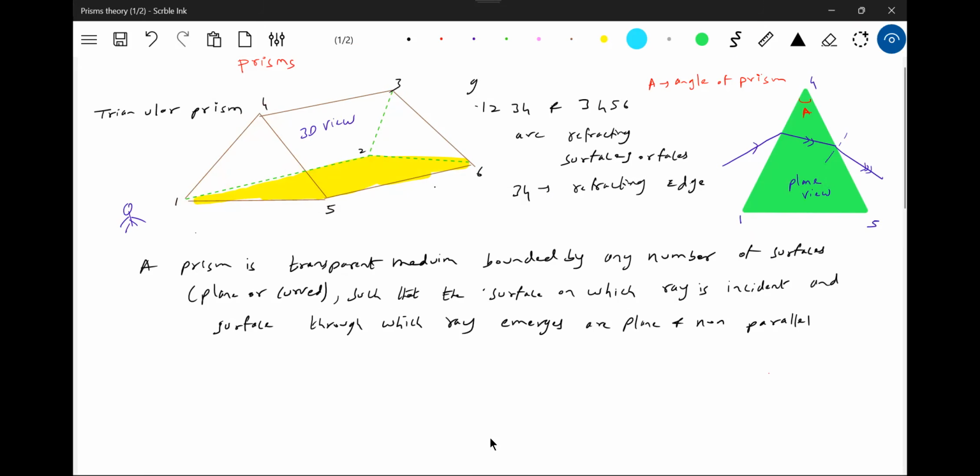Got it now? So what a prism basically does, it is having only two purposes, nothing big.